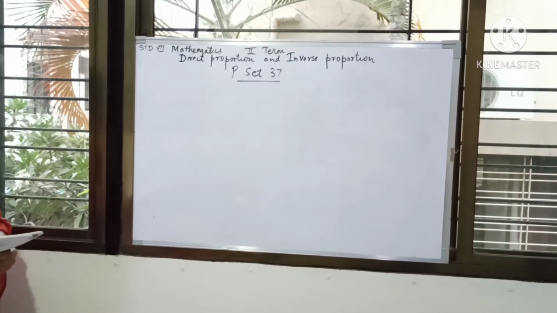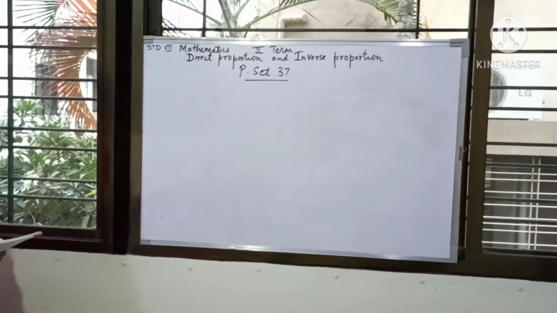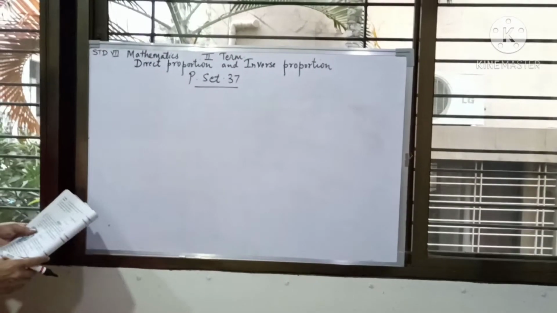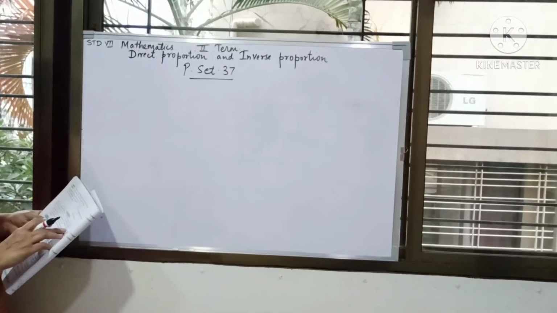So here we have to take the ratio of the weight and the cost. Let the cost of 12 kg onion be x.